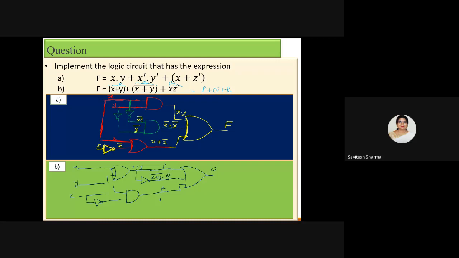If I am saying you have to come out with a circuit that occupies less area, that means you will try to get a logic circuit implemented using a smaller number of gates. My target is to get the circuit so that it will use fewer gates or fewer components.